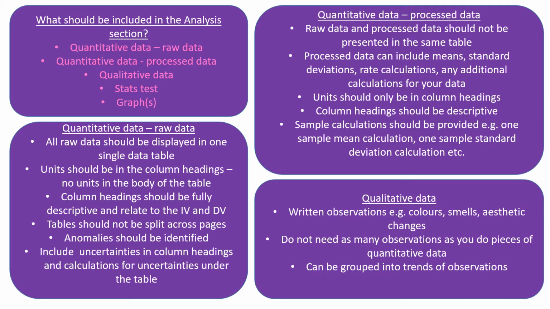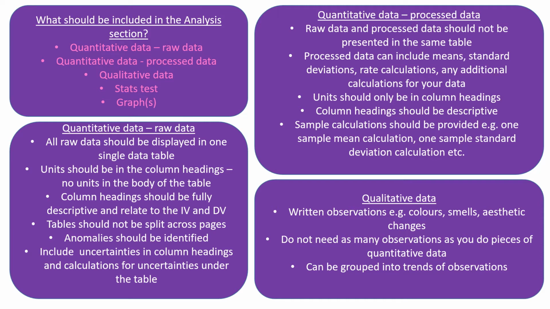And then your qualitative data should come next. It should be your written observations of what you've seen and anything that you've recorded that isn't quantitative. So colours, smells, any aesthetic changes. So if something's gone cloudy, things like that. You don't need as many observations as you do pieces of quantitative data.